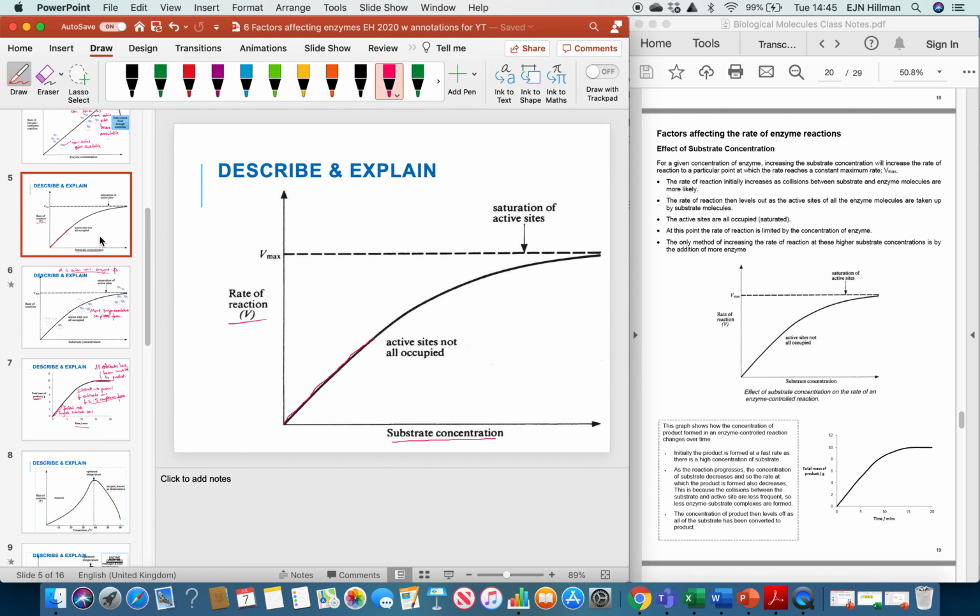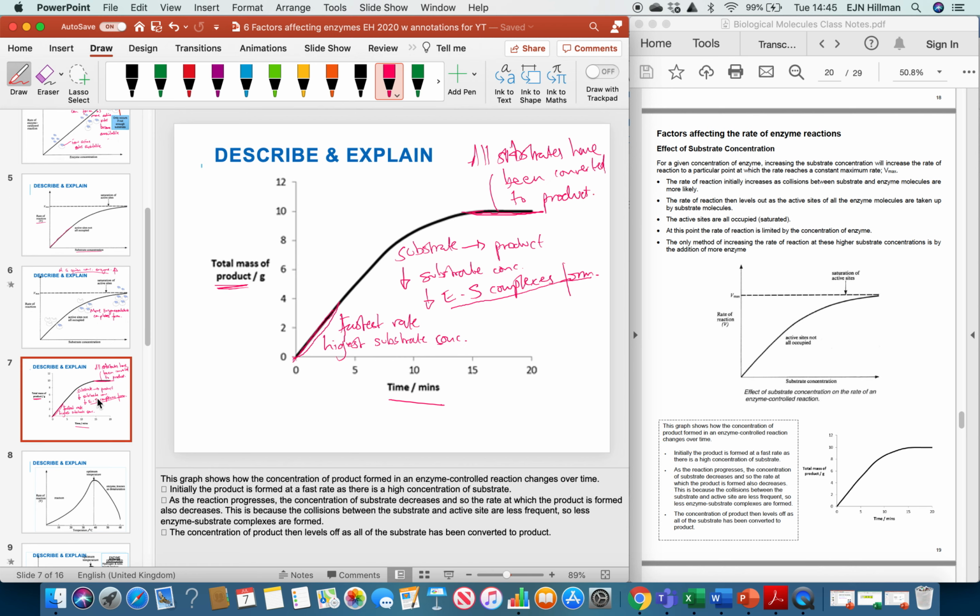So, with substrate concentration, it can be shown in two graphs. So it may have the substrate concentration against the rate of the reaction, or alternatively it could be the time against either the total mass of the product, or in some cases, not very often, but they might have the mass of substrate here.